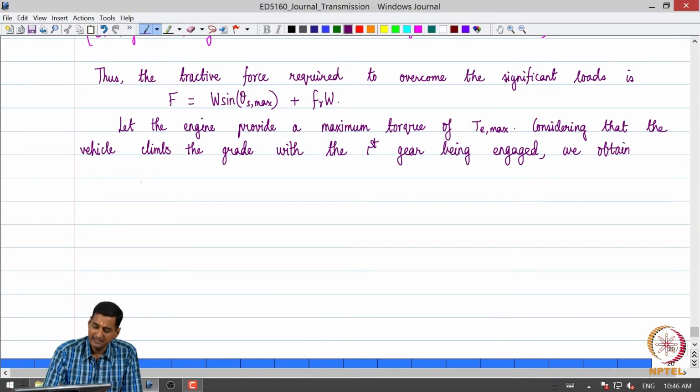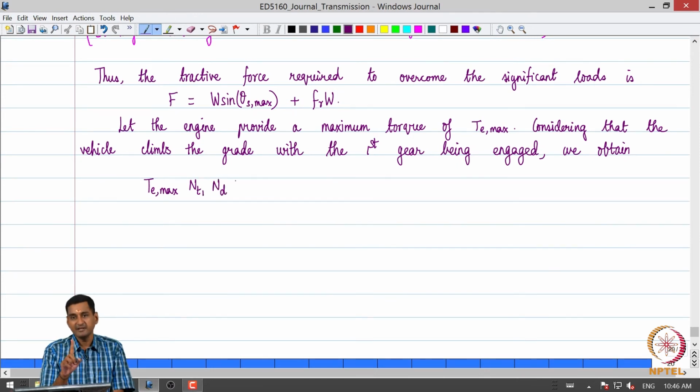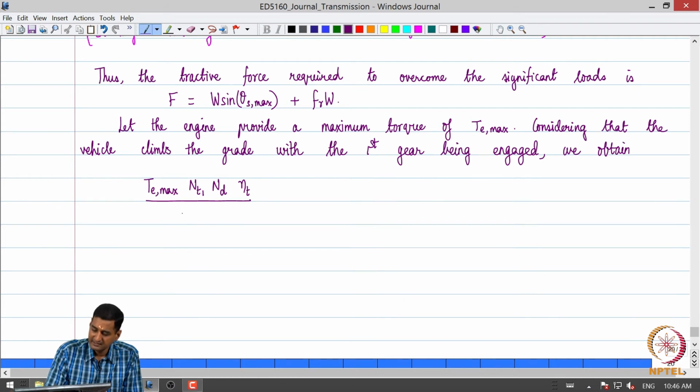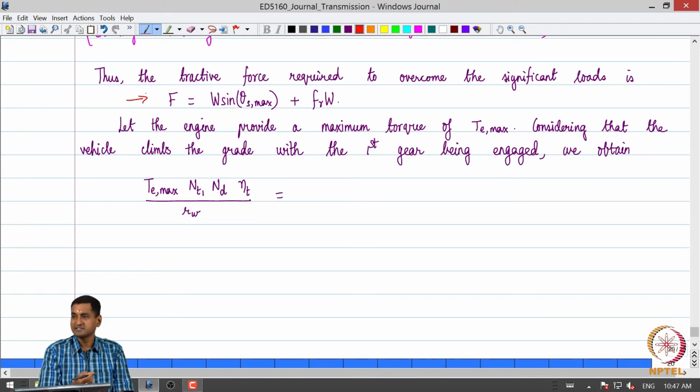So we obtain F equal to Te max, N_T N_D, I am splitting as N_T times N_D, N_T1 being the gear ratio of the first gear, then the transmission efficiency divided by the wheel radius. This has to be matched with this requirement. This is the requirement from the vehicle, isn't it? So this is the output from the powertrain when we are operating at a point where we are getting the maximum torque.